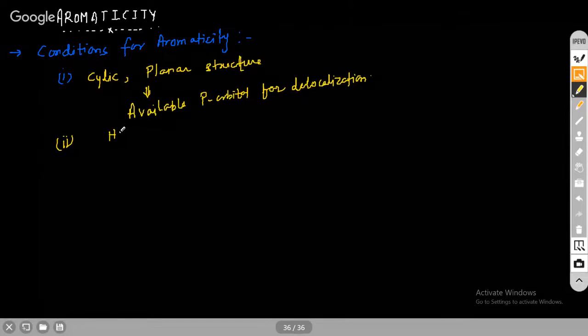Second one is Huckel's rule, that the molecule must have 4n plus 2 pi electrons, where n is equal to 0, 1, 2 and so on, any integral number.